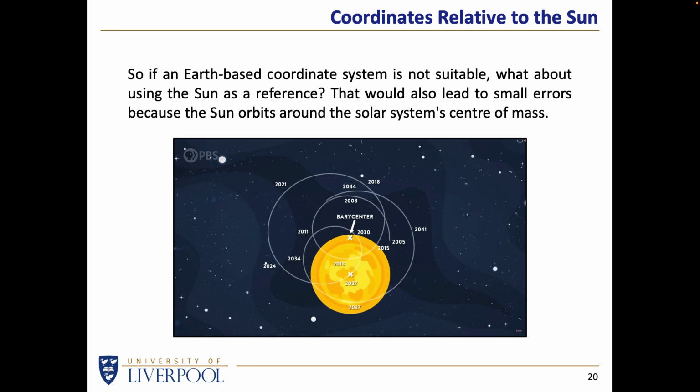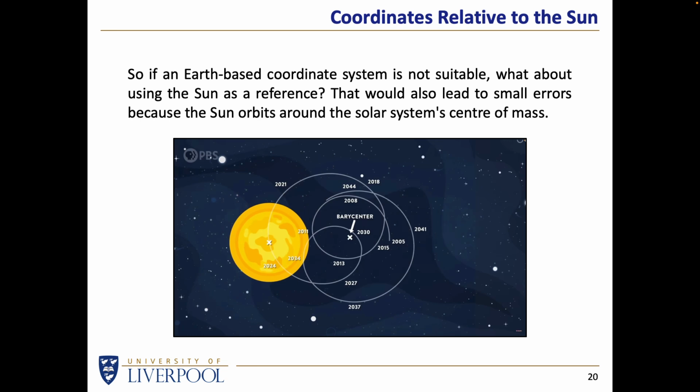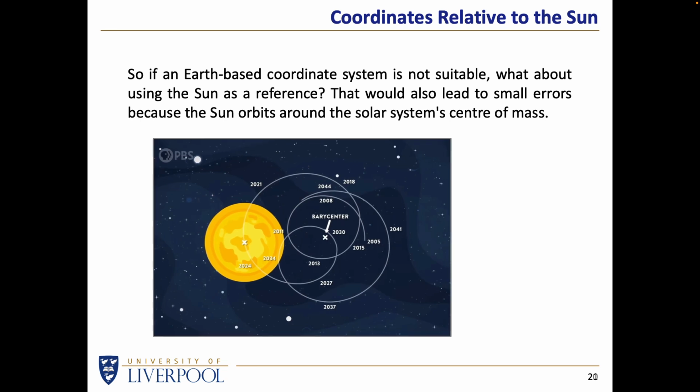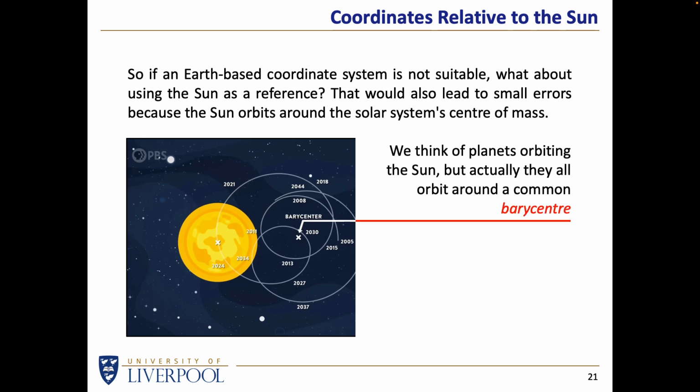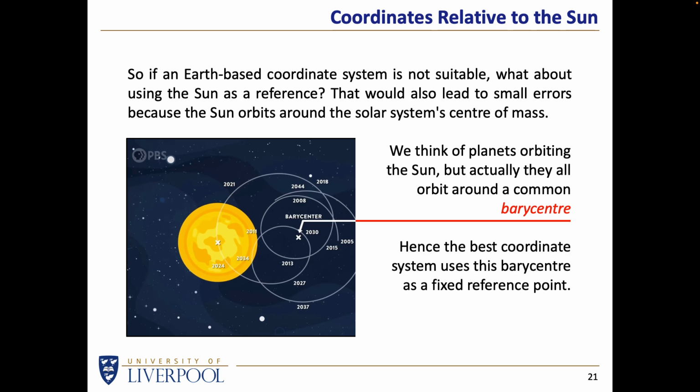So if we know the Sun goes around the barycenter, what we really ought to have is a coordinate system with that center of mass, the so-called barycenter. That center of mass ought to be the fixed point that we use rather than the Sun itself. So the best coordinate system uses the center of mass of the solar system, called the barycenter, as a fixed point.